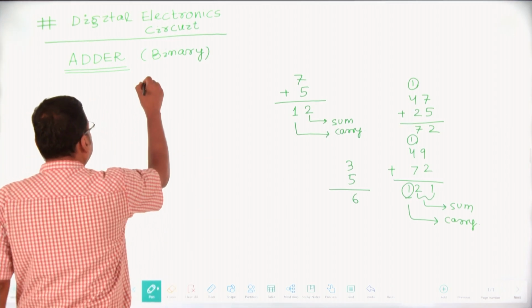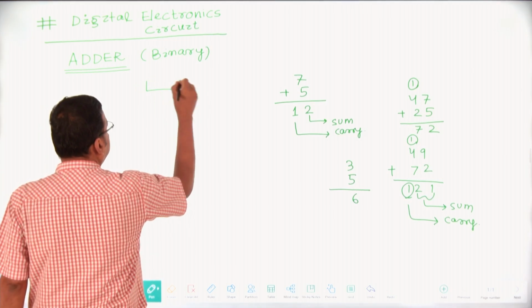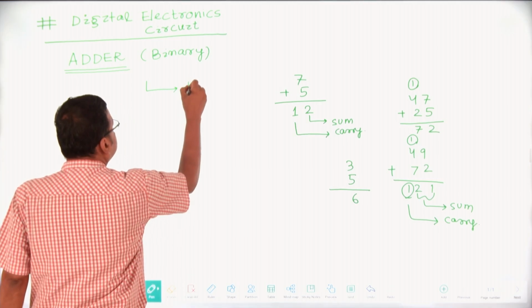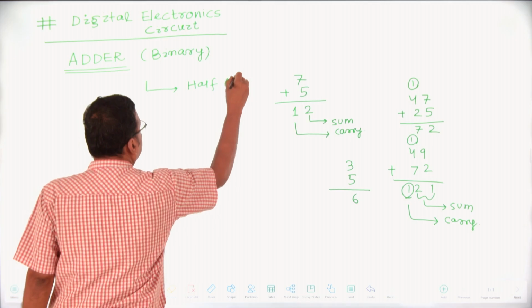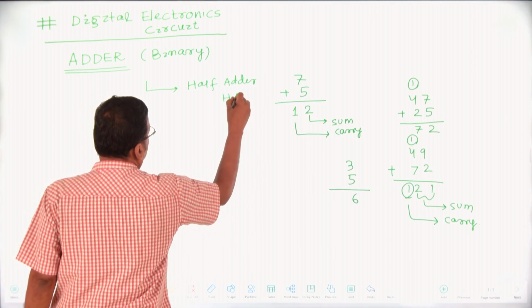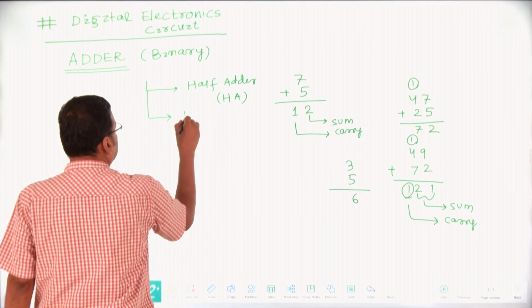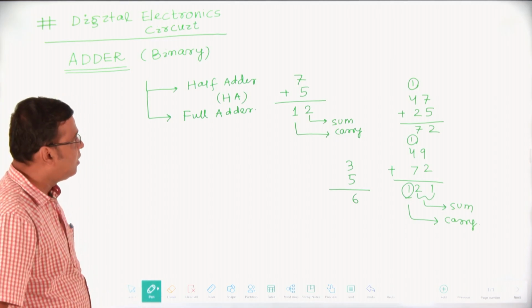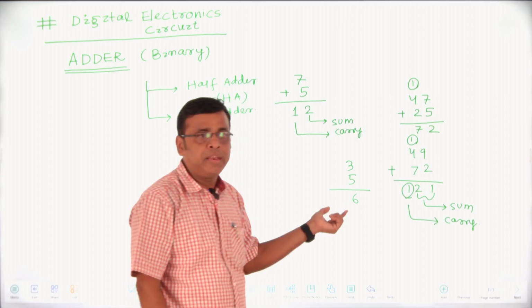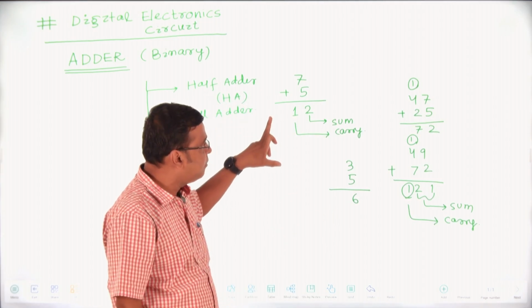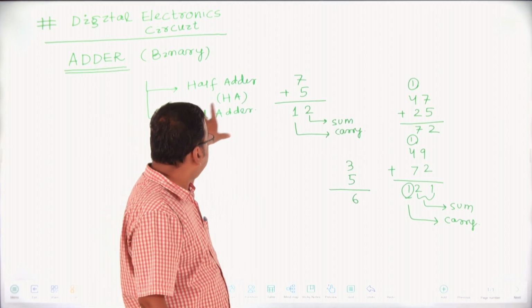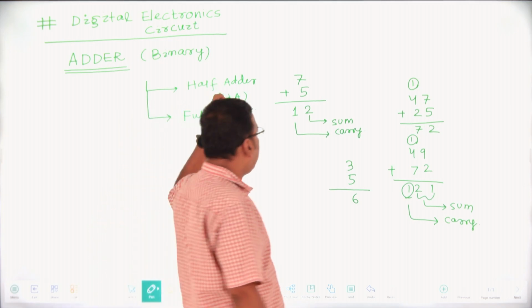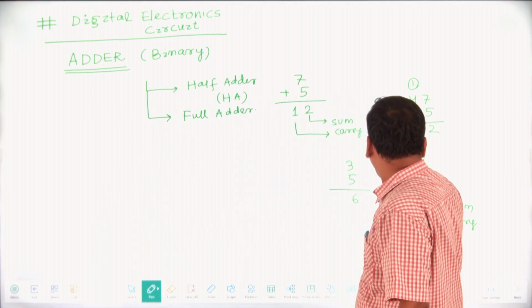In case of a half adder, the half adder only adds 2 significant bits, and the result is the sum and carry, without considering any previous carry.